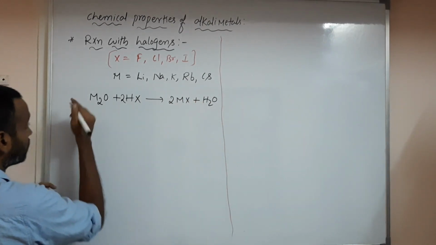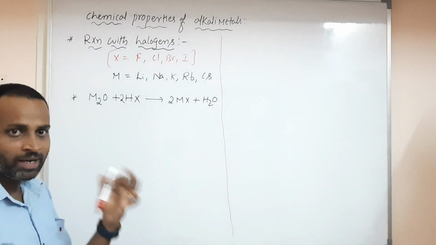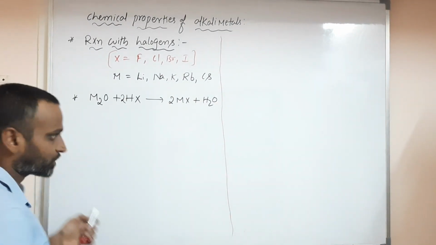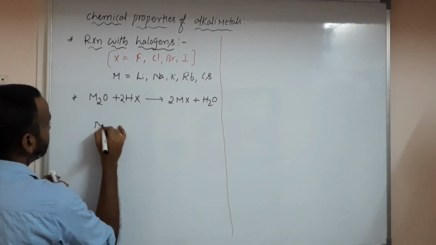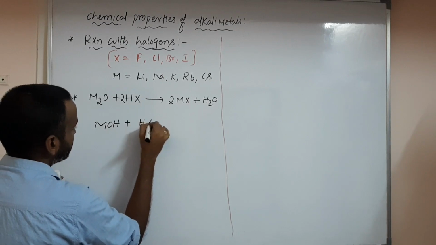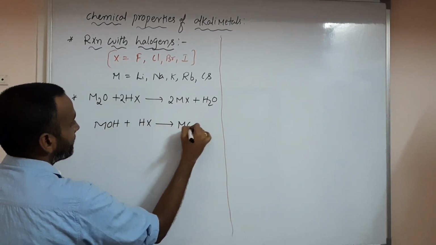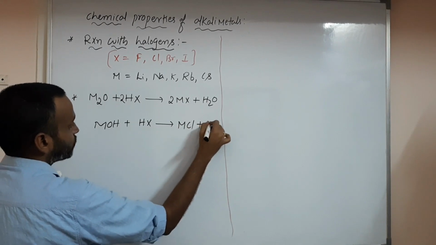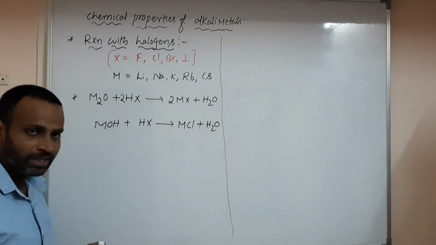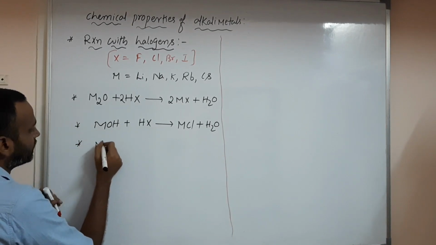Like this. Not only this, for preparation of halides, you know sodium hydroxide, neutralization reactions. MOH reacting with HX, what will you get? MX plus H2O. Not even that, carbonates.